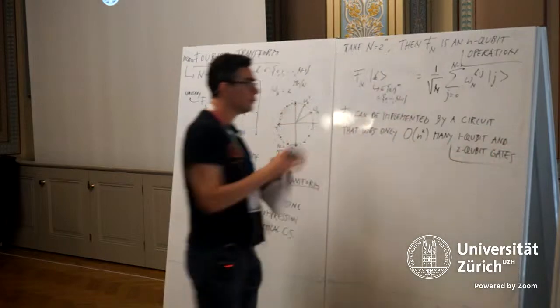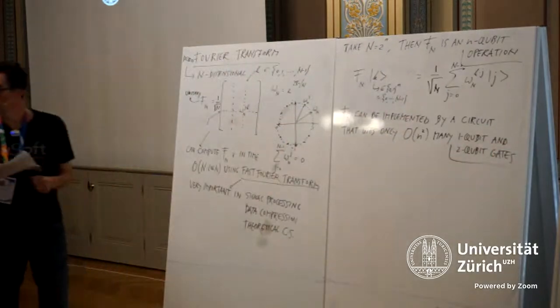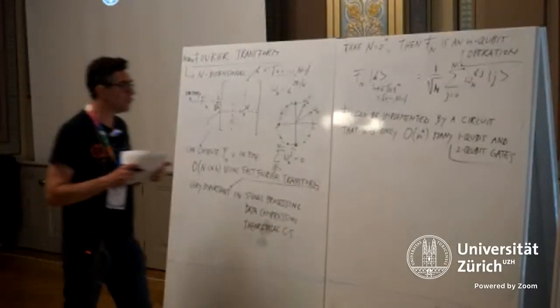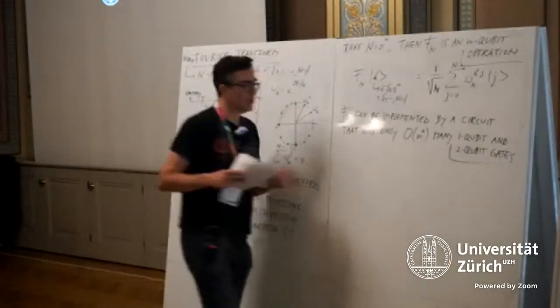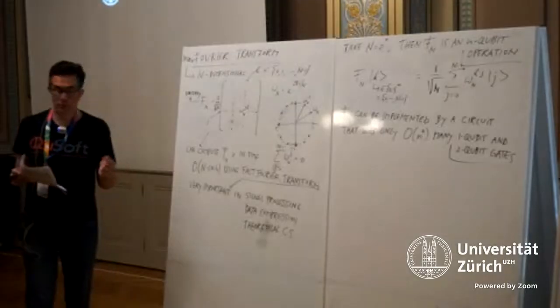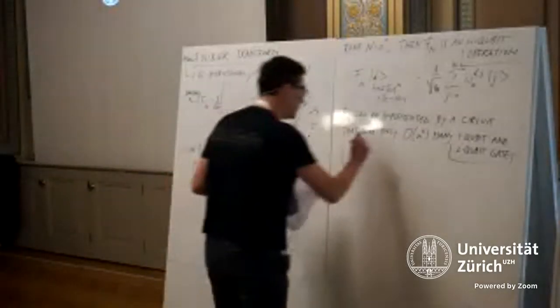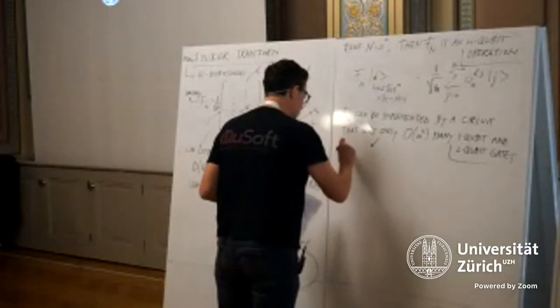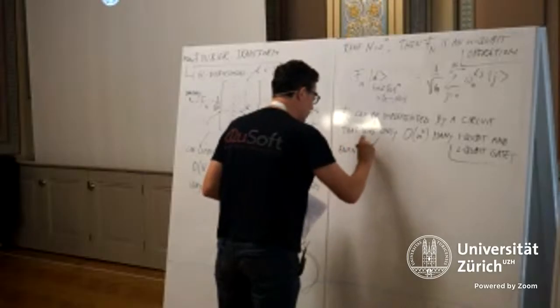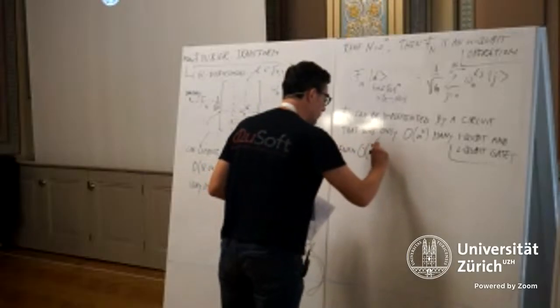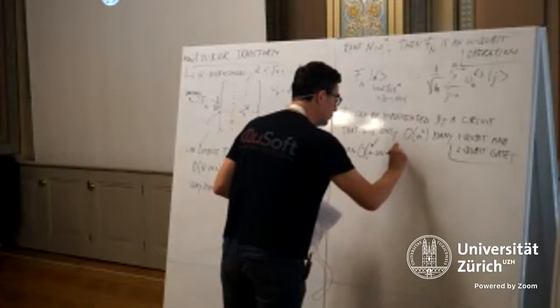And I'll sketch in not too long how this actually works. Point is, this is a very efficient circuit. You can even make it a little bit more efficient. You can make it even order n log little n gates if you allow a tiny error.